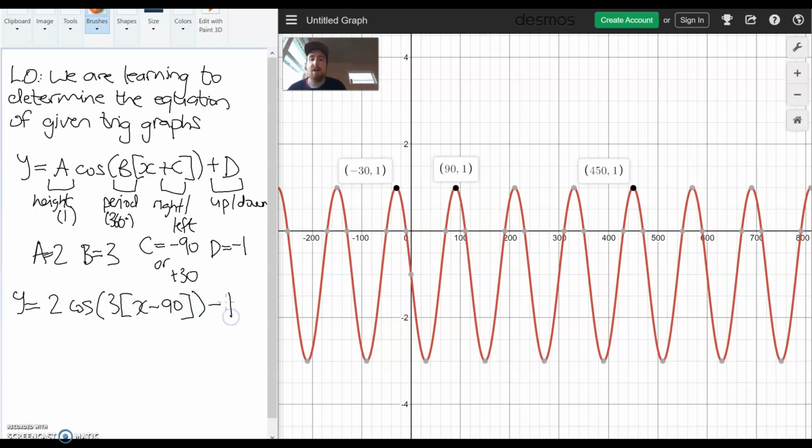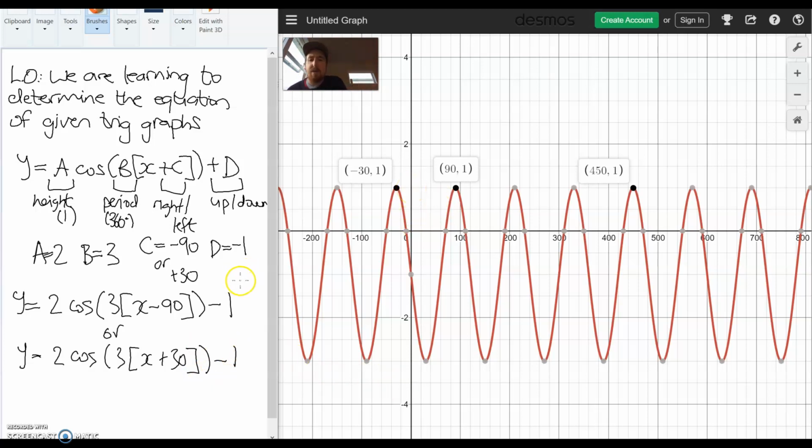That could be one version of the answer. There are actually many answers in trig for these. The next one, with the plus 30, is y equals 2 cos 3 square bracket x plus 30 minus 1. Either of those answers would be correct.